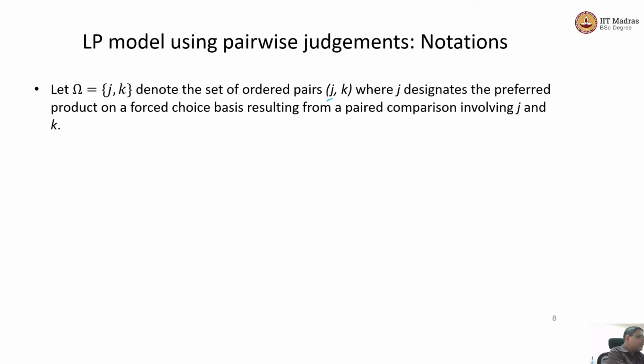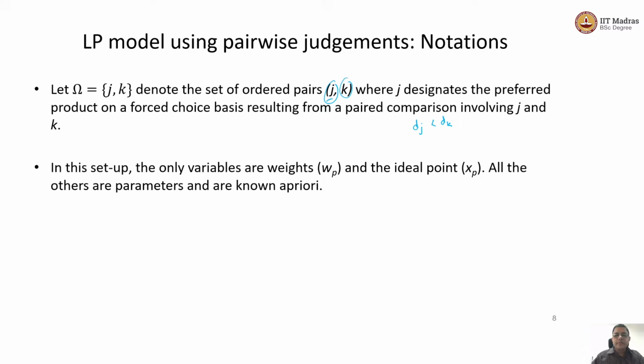So, when the consumer says that she prefers J over K, essentially it means that dj is less than dk. Therefore, she prefers option J over option K, because she thinks that option J is closer to her ideal than option K is to the ideal, right?